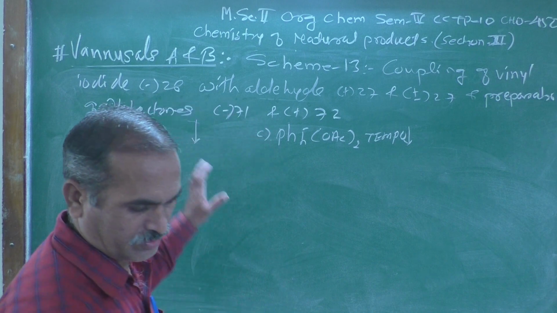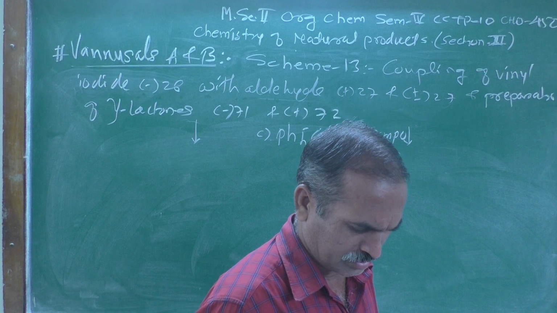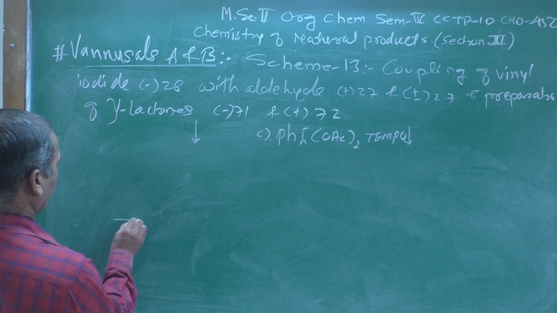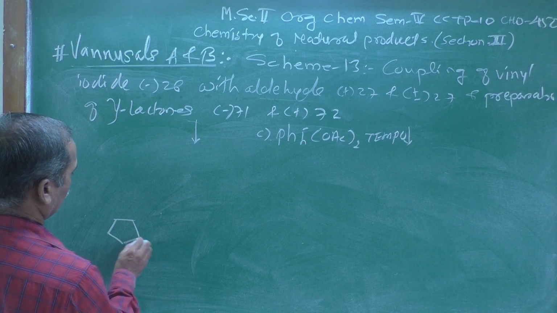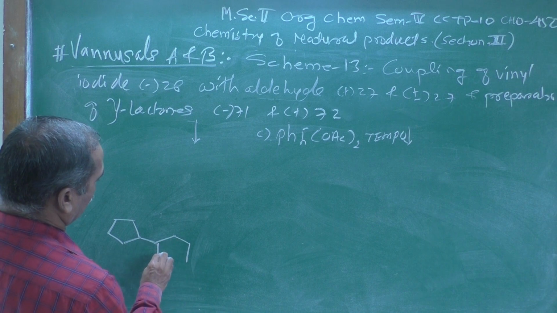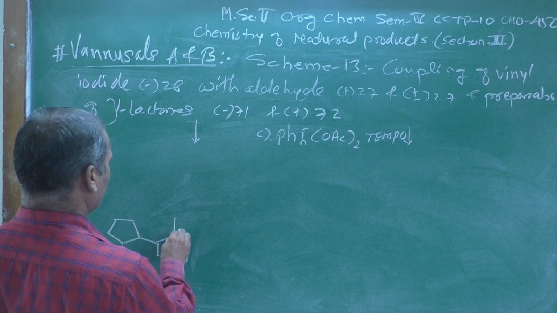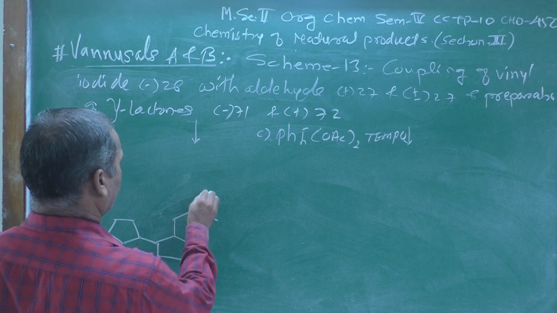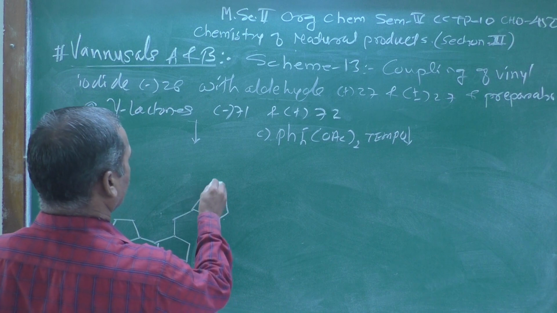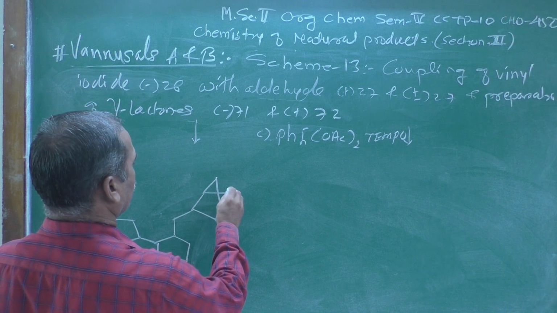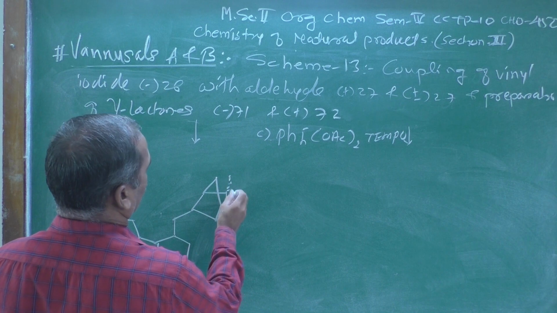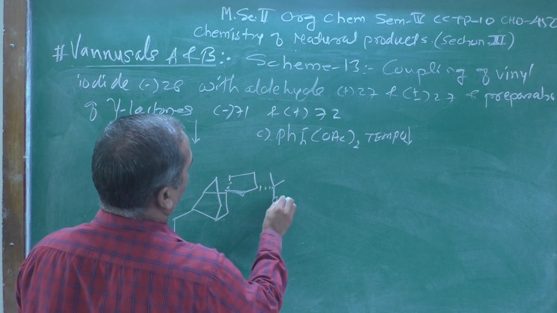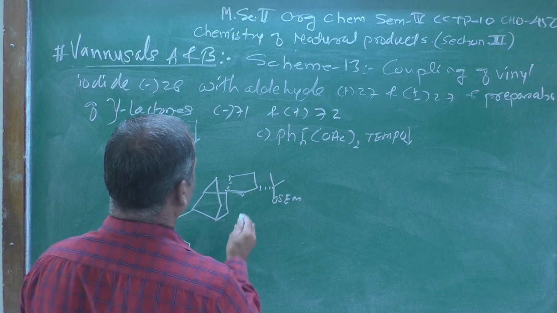And after that, what do you get? The compound which we are going to get over here. Let me draw that structure once again. This is a compound which I am showing as it is. Here the 5-membered ring. Here is a bond, isopropyl group, SEM that remains here.